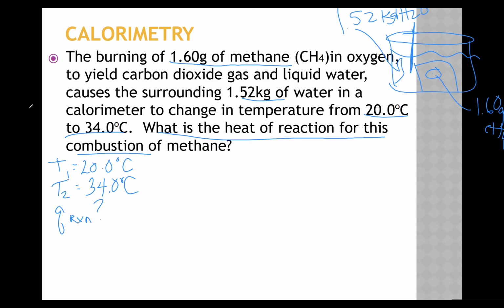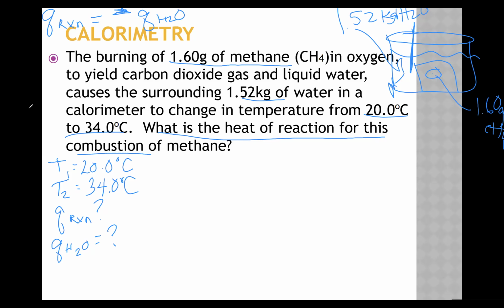Well, given this information, we can't directly calculate the heat of the reaction, but we can calculate the heat of the water. And once we know the heat of the water, we can find the heat of the reaction because the heat of the reaction is equal to the negative heat that the water absorbs.